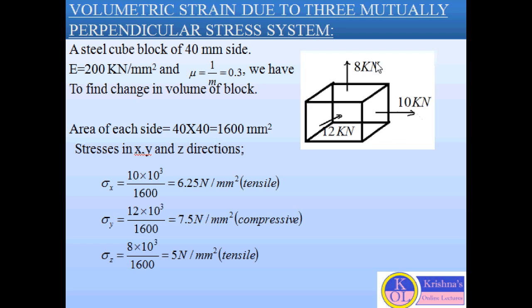But you can see in this diagram that two forces, 10 kilonewton and 8 kilonewton, are tensile forces, and the force in y direction, 12 kilonewton, is a compressive force.